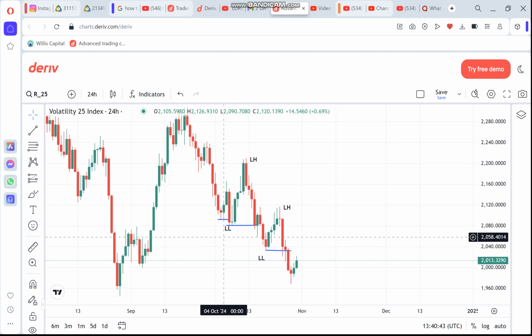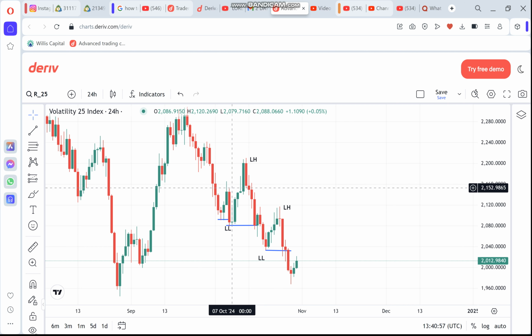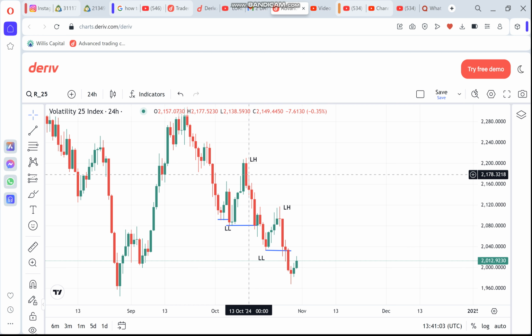That's why after the break of structure here, the price tended to move above this area to close this area. Why? Because this wasn't a pullback. This was just liquidity to be swept. And as you can see, price moved there. You can see how many candles: 1, 2, 3, 4, 5 candles.